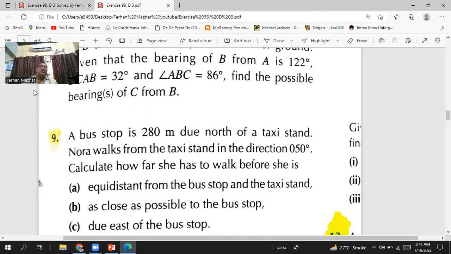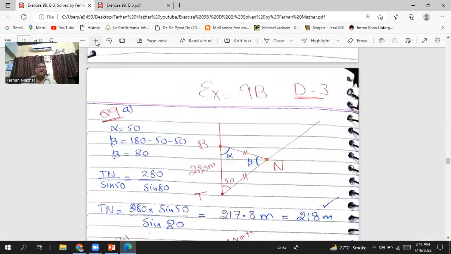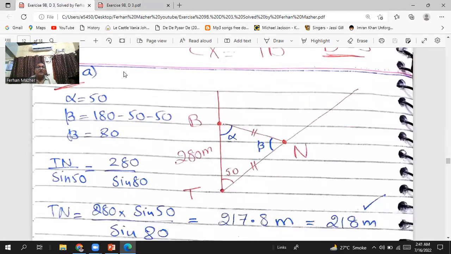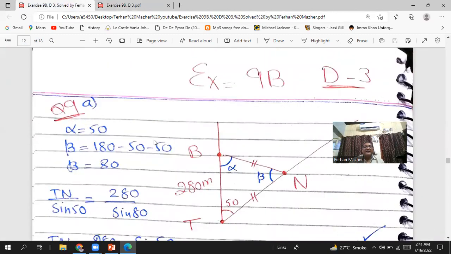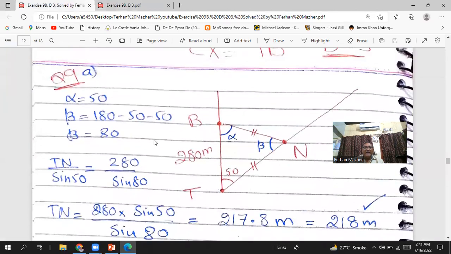So let me show you how I've done this. Okay. So basically, we are talking about this exercise 9BD3, question number 9, its A part. So here we have a taxi stand, and in the north of the taxi stand, we have a bus stop. So this is the north. Okay, so Nora is walking on this line.